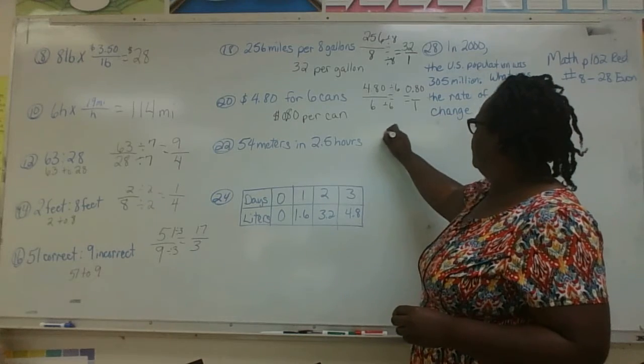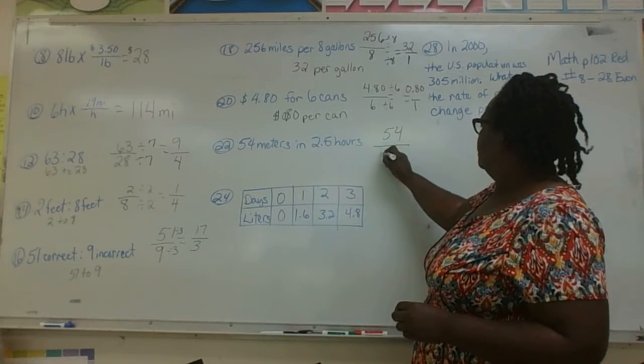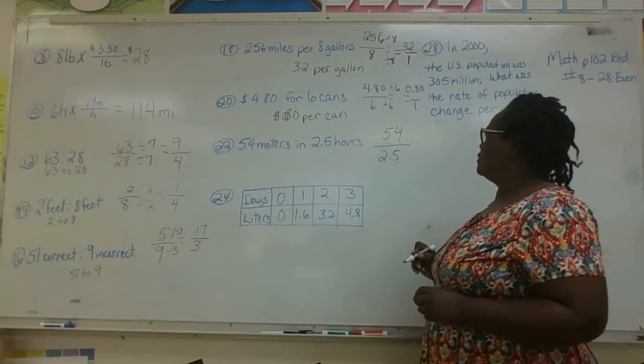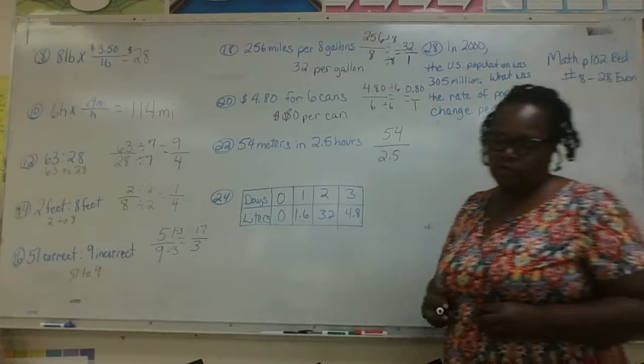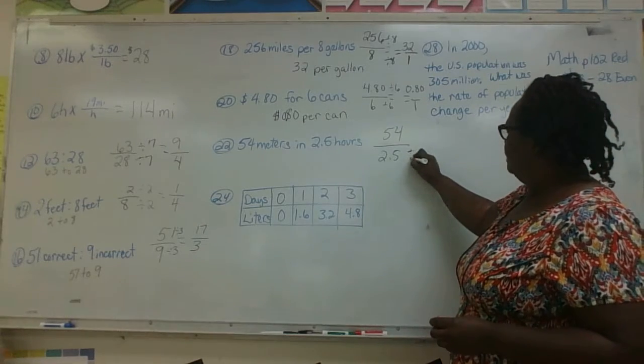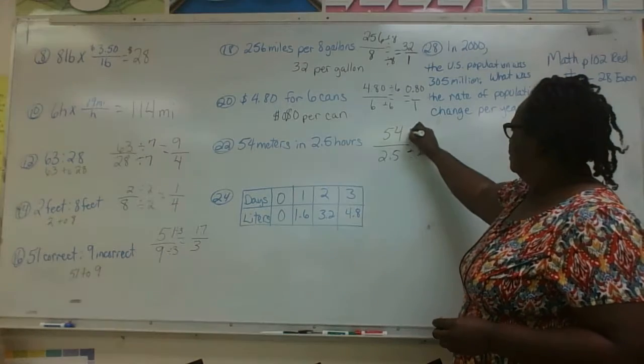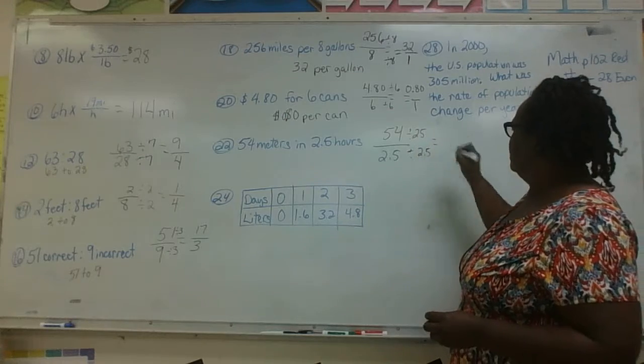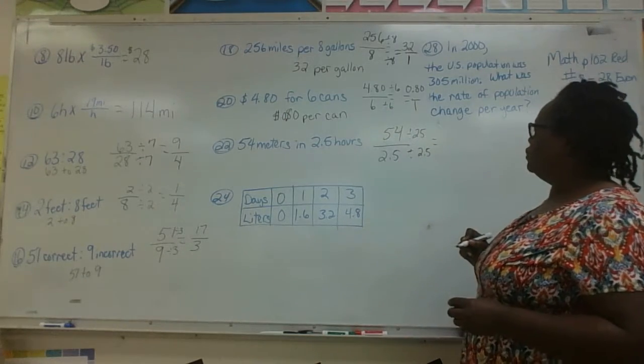Therefore, we have 54 over 2.5 hours. Okay? And then in order to simplify that, we would reduce this to 1 by dividing by 2.5, and therefore we would get our unit rate.